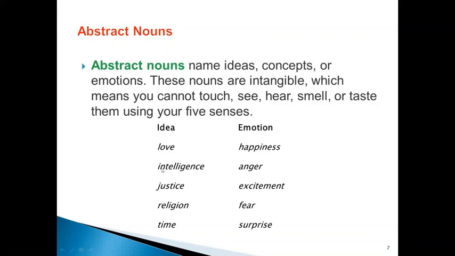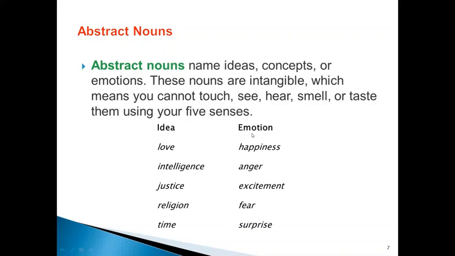Love is an idea. Intelligence, also connected with it. Justice, religion, something like belief, and time. All of them are ideas, so we call them abstract nouns.